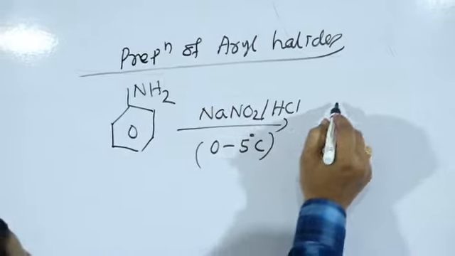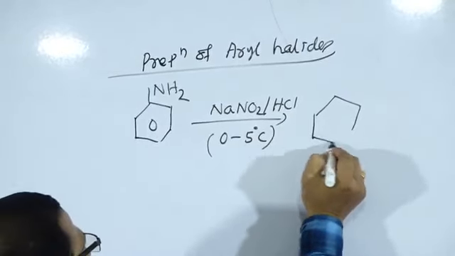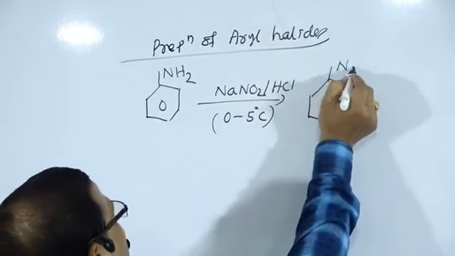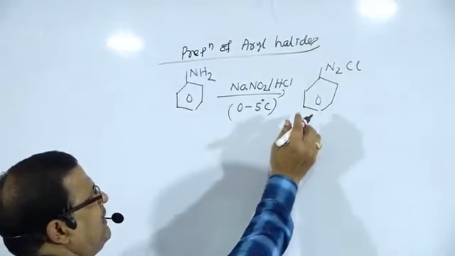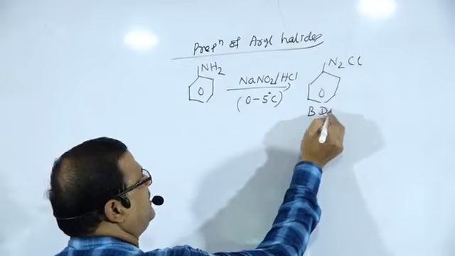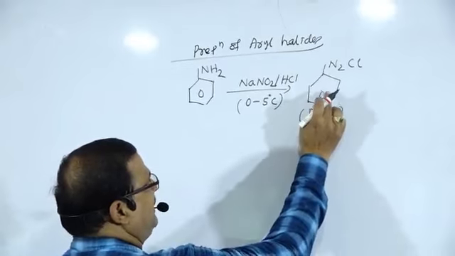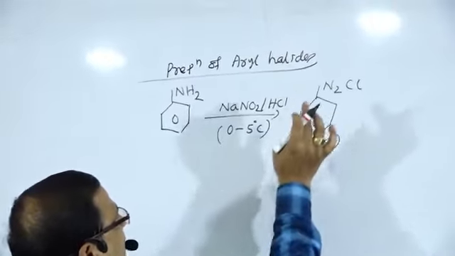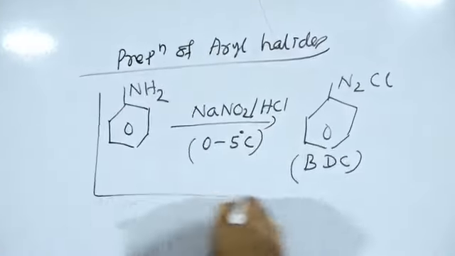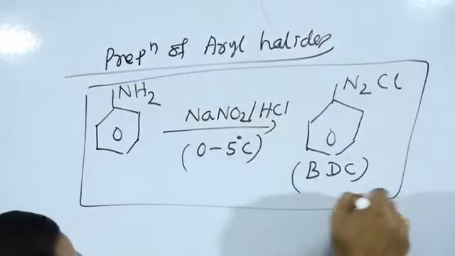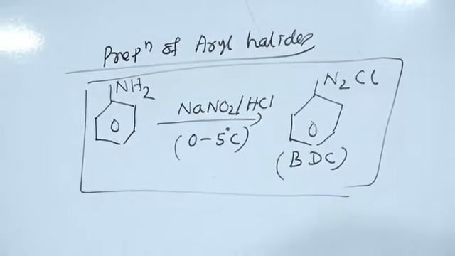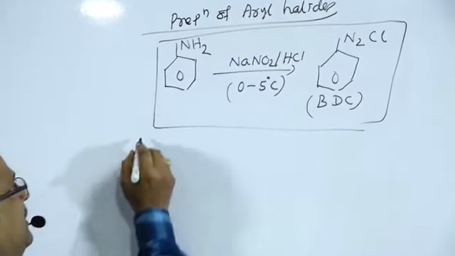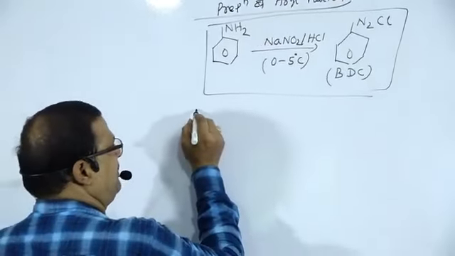So there is the formation of BDC, benzene diazonium chloride. Now, from BDC, how are fluorobenzene and chlorobenzene prepared? That is, the preparation of aryl halides from BDC.